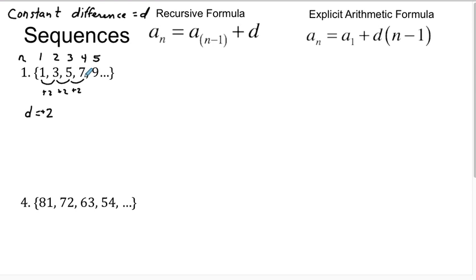Well, the most straightforward way probably to think about it is, hey, look at the number before. The number before was 5, and then I added 2. So if I'm interested in this output in the fourth position, I want to look at the third position to see where it is.